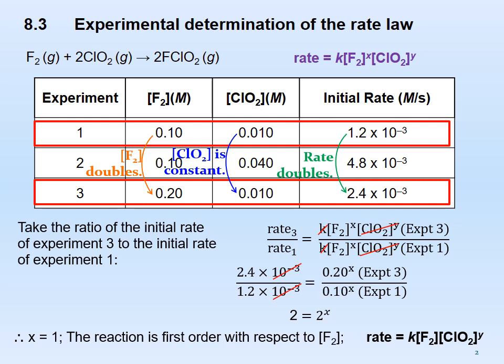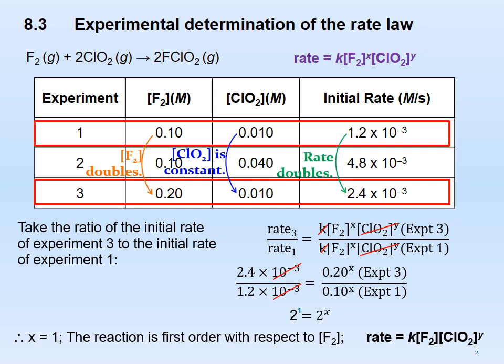We tackle division first. 0.20 divided by 0.10 is 2. Thus, we get 2 to the power of x. 2 equals 2 to the power of x. When a power is omitted, it is because it is understood to be 1. Therefore, x equals 1, which translates into the reaction being first order with respect to fluorine concentration.